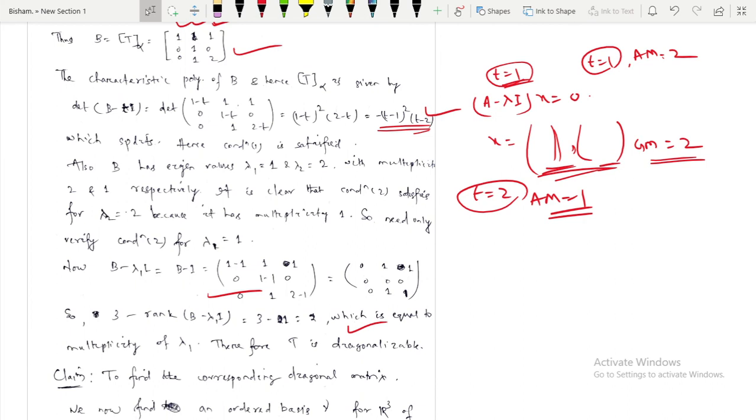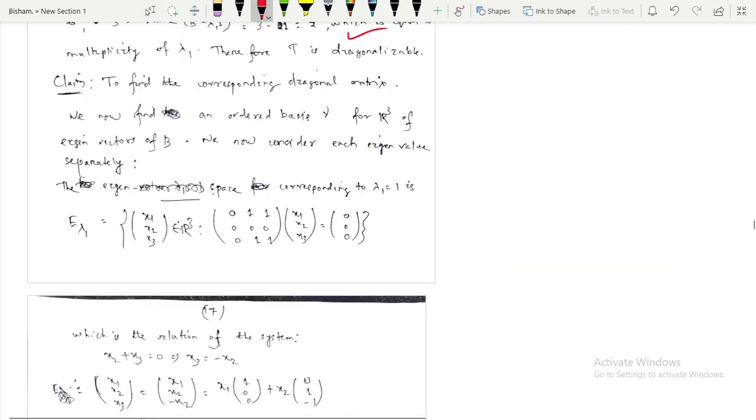But when there is a repetition, there is a chance of getting fewer eigenvectors, so that should be calculated. If for t equal to 1 there are two eigenvectors, then its geometric multiplicity will be 2, so AM will be equal to GM. So it is diagonalizable, because your first property is satisfied, since it splits. In a similar way we will do problems.